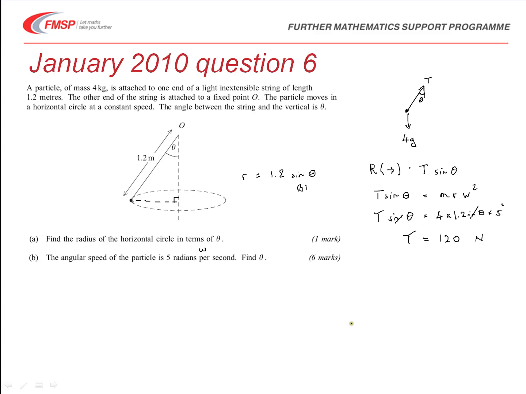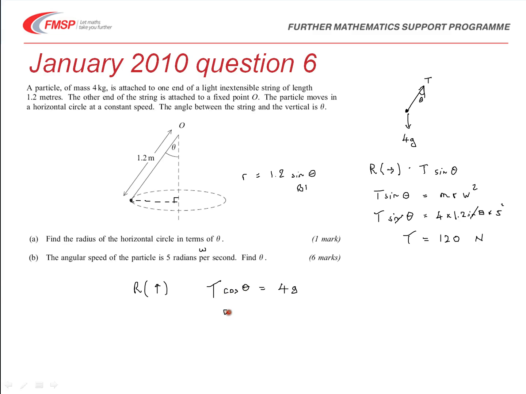Having got T, we can now do the bit where we resolve vertically, because we know when we resolve vertically that T cos theta must equal 4g, because the forces in that direction must be in equilibrium. If they weren't, we wouldn't have a horizontal circle.